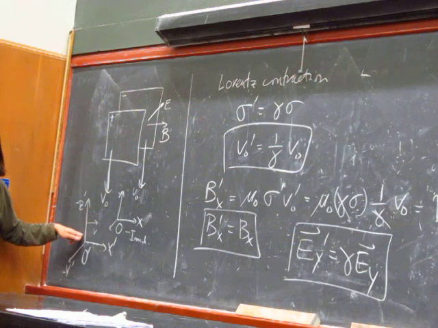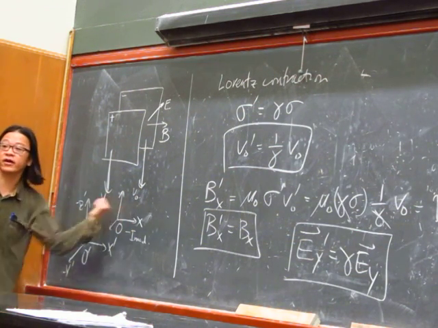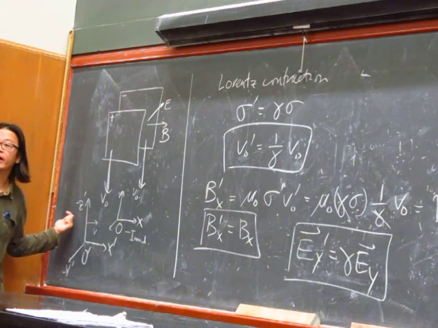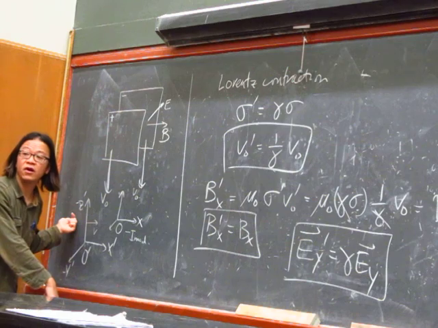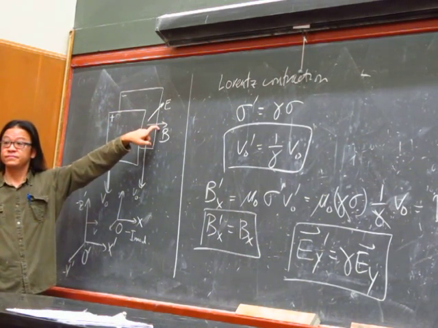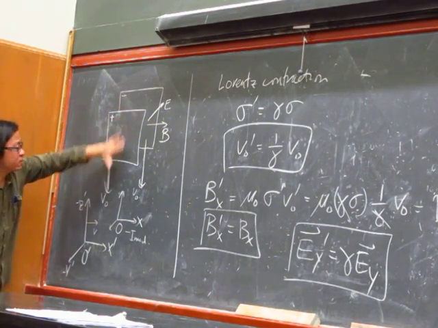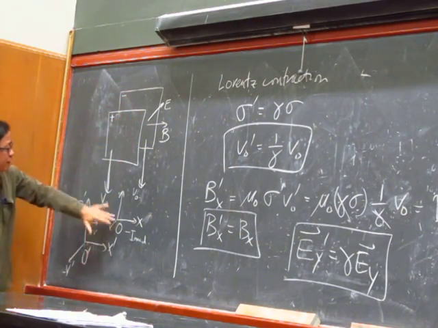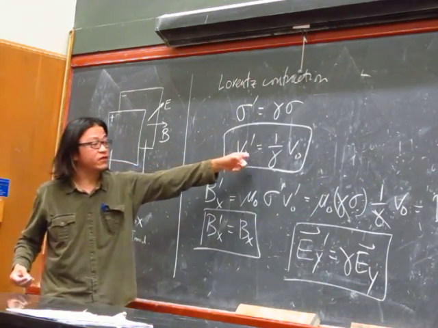The frame is moving with velocity v in this direction or that direction, I don't care. And then the plate is moving downward. The plate moves downward and creates a B field. You can just think of the surface charge as moving down with velocity V naught, and the velocity addition formula will give you this result.